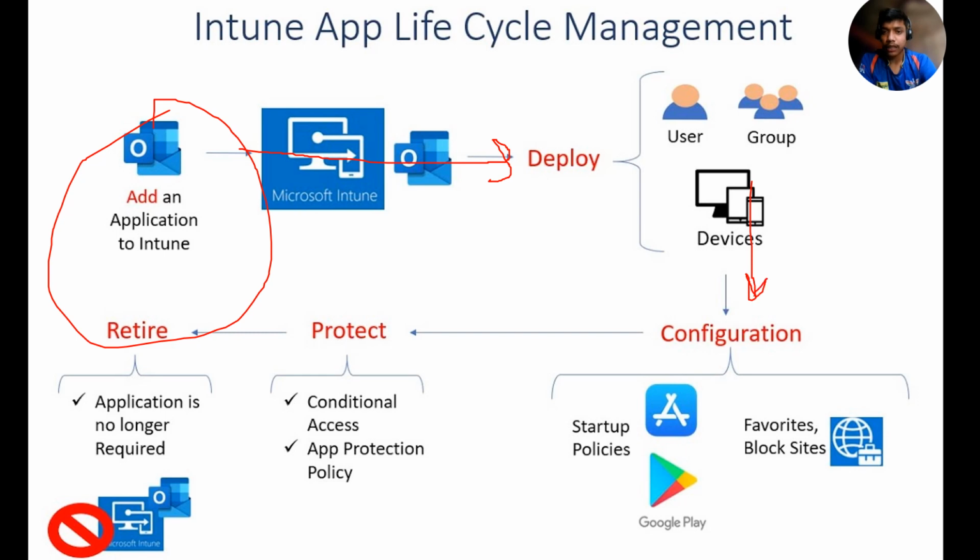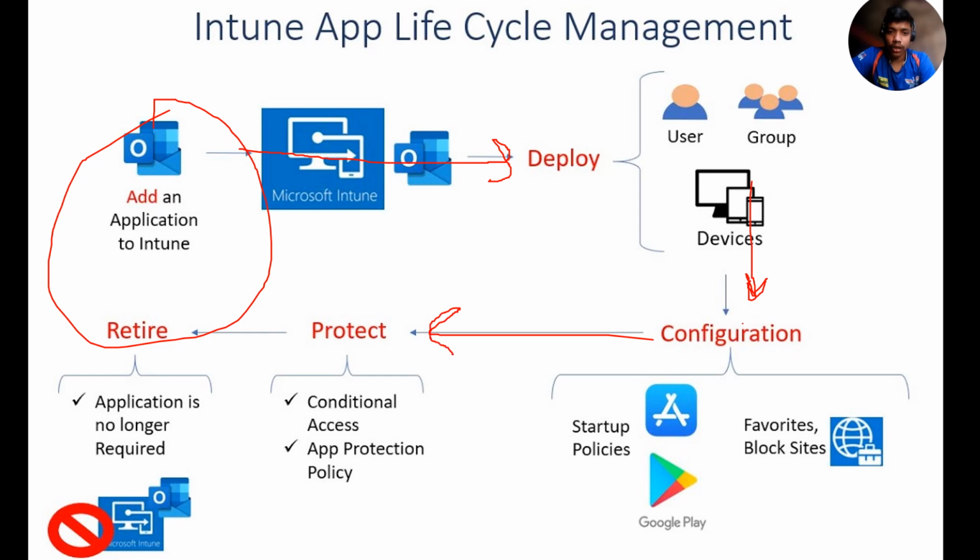After the deployment, we have to configure the policies. In the policies, we can apply security policies, and we can stop the copy and paste function, so that we cannot copy and paste data from the Outlook application to anywhere, or from the Teams application to anywhere. After that comes protection.